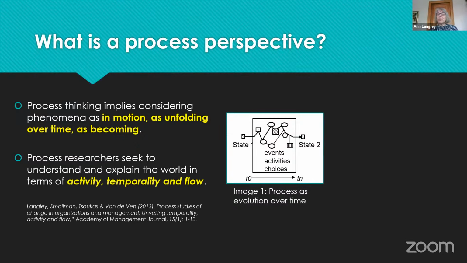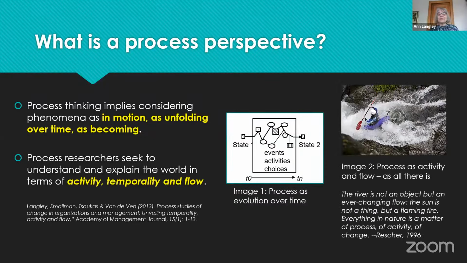And if you are adopting a process perspective, you're going to be focusing on those events, activities, and choices as your data, and the elements of your theory. So we're not talking about dependent variables and independent variables. We're talking about things that happen, which are quite different. So that's the first image.